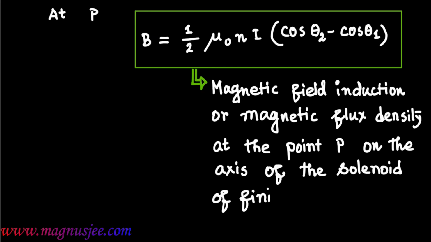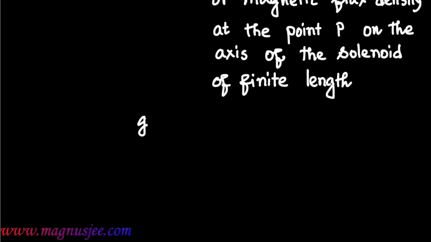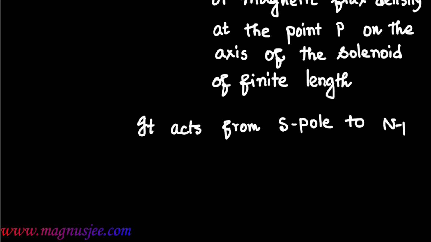of finite length. If we consider the angles theta 1 and theta 2, the solenoid should have finite length. It acts from S pole to N pole inside the solenoid and along the axis.